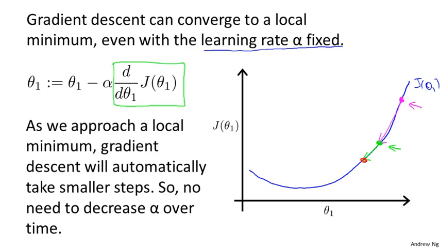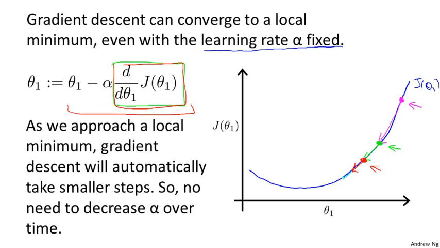Now I'm at a new point, the red point, and now even closer to the global minimum. So the derivative here will be even smaller than it was at the green point. So when I take another step of gradient descent, now my derivative term is even smaller, and so the magnitude of the update to theta 1 is even smaller. So take a small step like so.